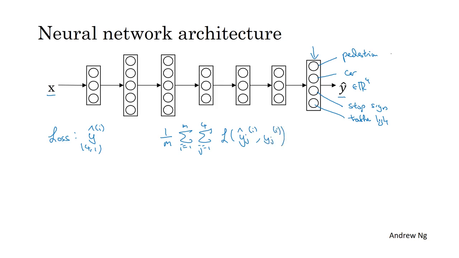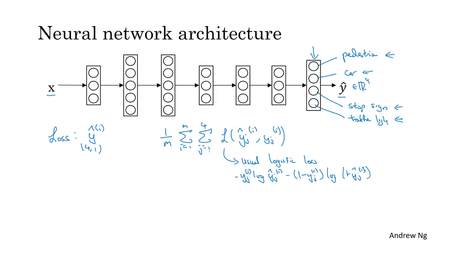So it's just summing over the 4 components of pedestrian, car, stop sign, traffic light. And this script L is the usual logistic loss. Right, so just to write this out, this is negative y_j^i log y hat_j^i minus (1 minus y_j^i) log (1 minus y hat_j^i).